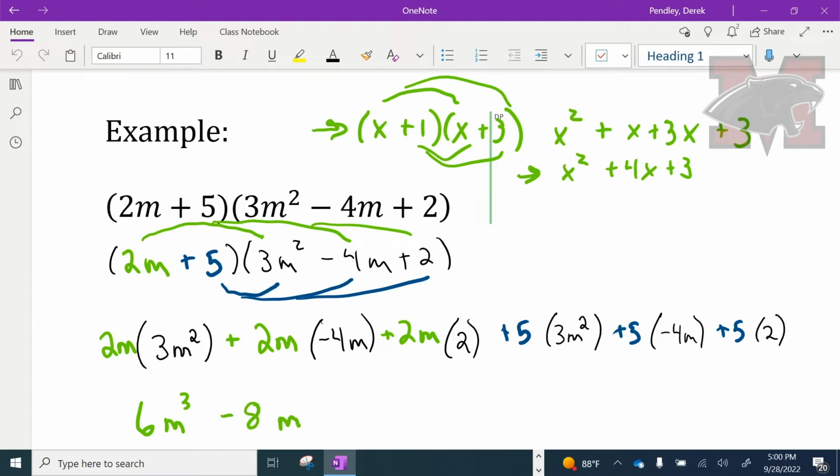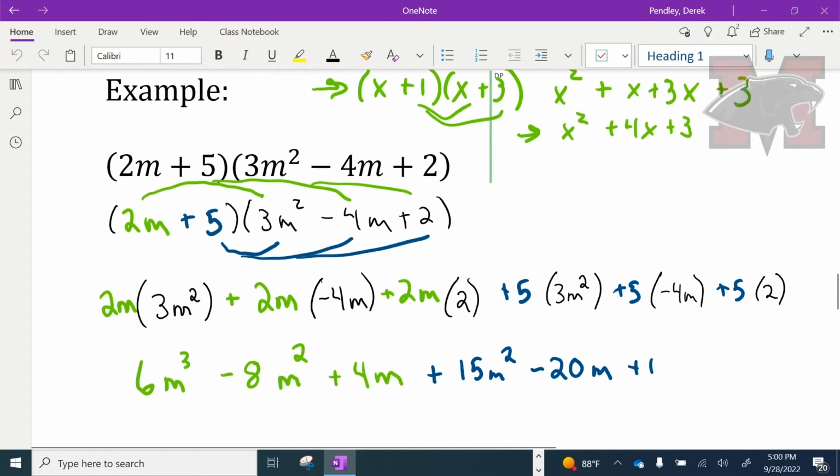And then 2m times 2 gives me positive 4m. Then I have this 5 times 3 is 15m squared. 5 times negative 4 gives me negative 20m. And 5 times 2 gives me positive 10.